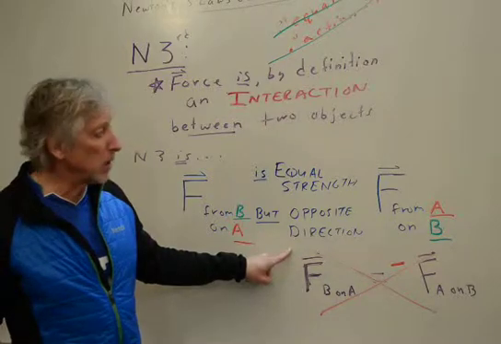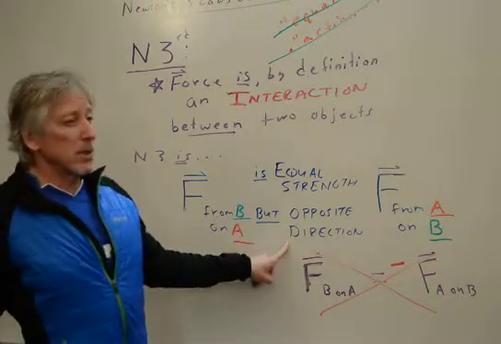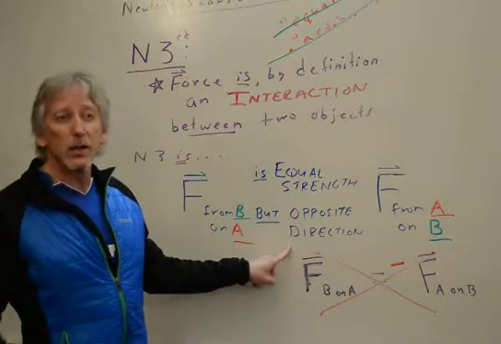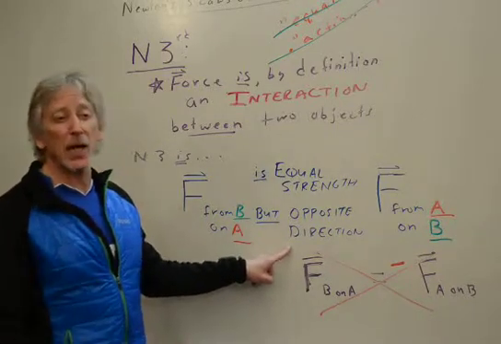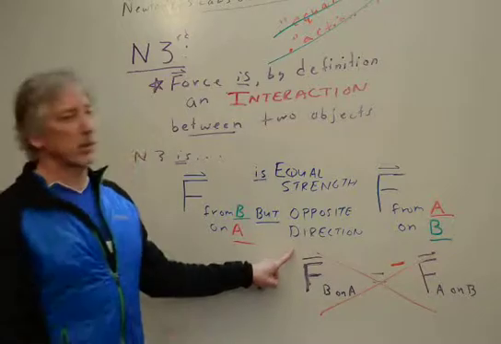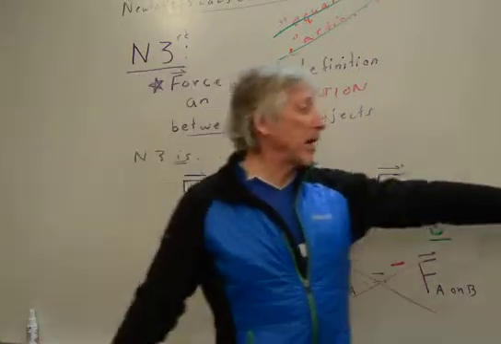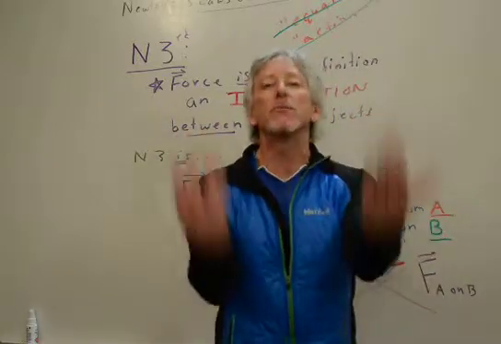Exactly the same. The key is, who got affected more? The bug, because the bug has less mass. We go back to Newton's second law. If you have less mass, you'll get more acceleration from the same force.